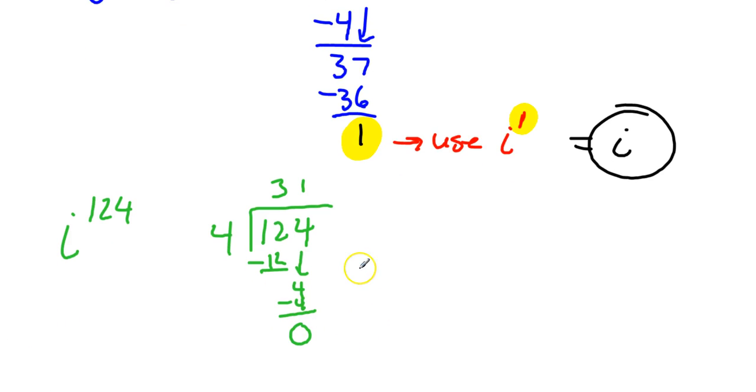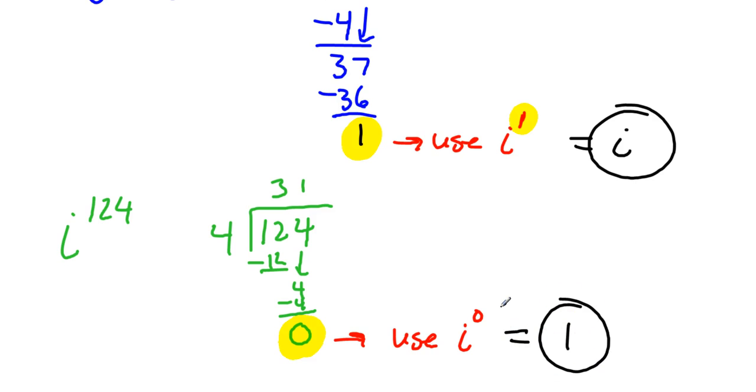Nothing left over there. So for that one, the remainder was 0, so you're going to use i to the 0 power. But anything to the 0 power is 1, so 1 is your answer.